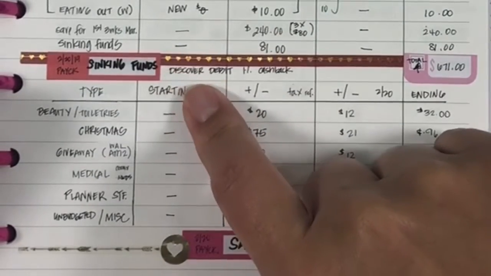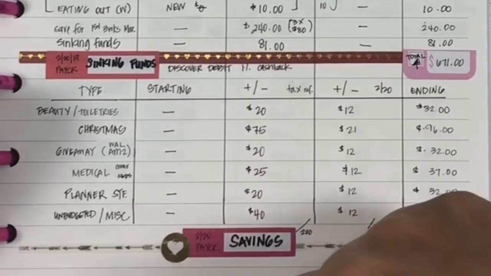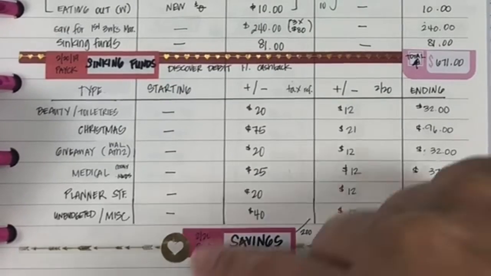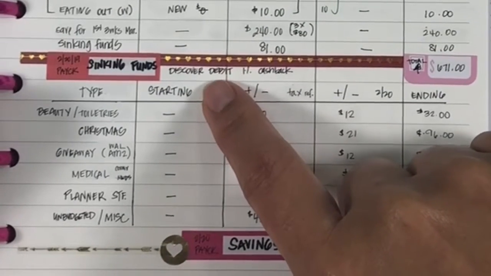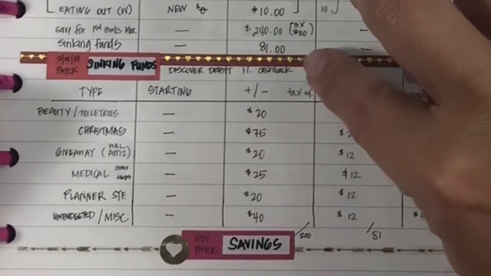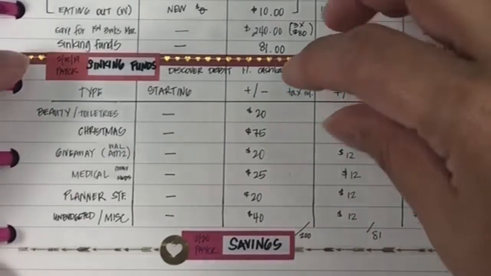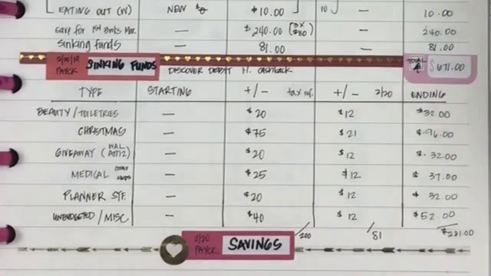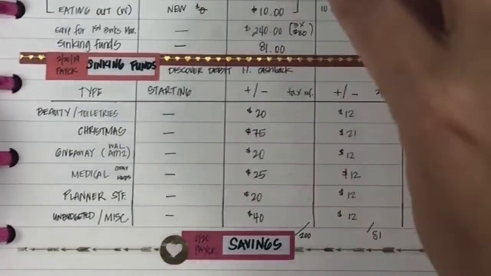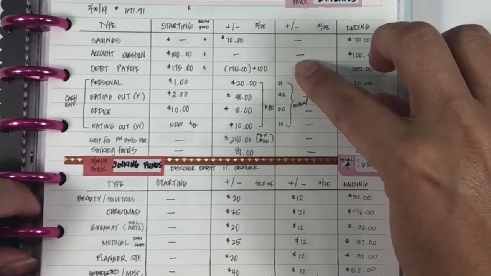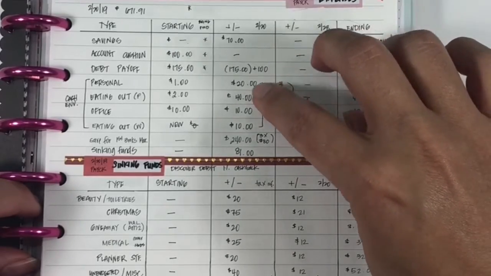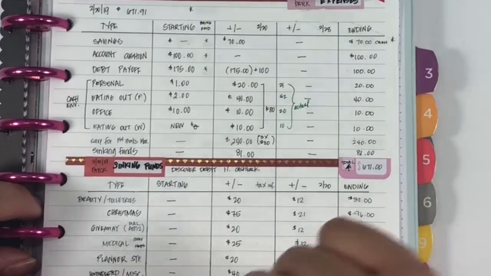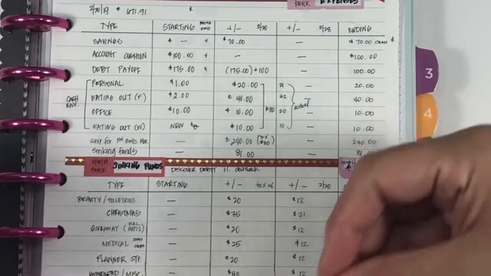Now I actually opened up a new account. I did already have a Discover savings account, but I also just opened a Discover debit account, but I haven't gotten that card yet. So even though this money is in there, I actually don't have access to it, which is fine. That's why the $20 for my prescription had to come out of my personal versus here, just because I can't get to it yet.